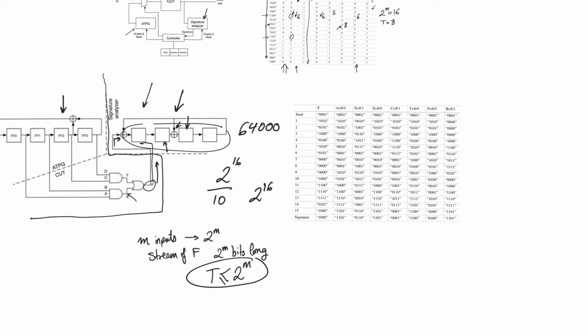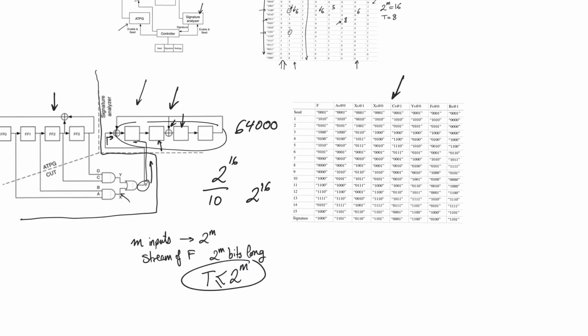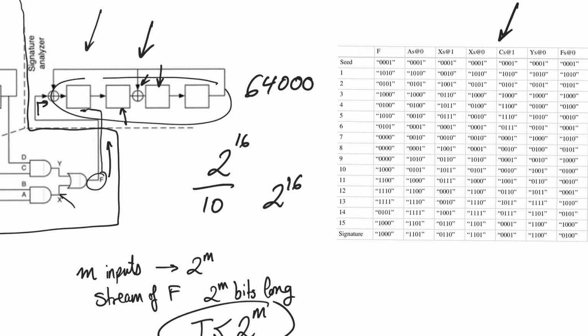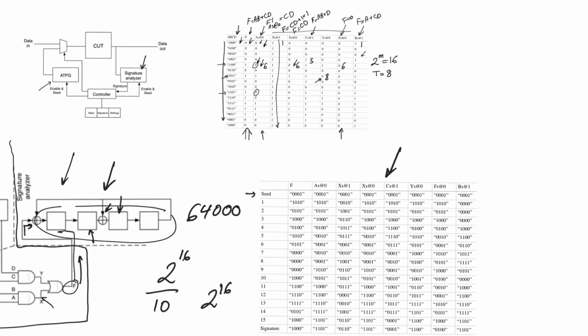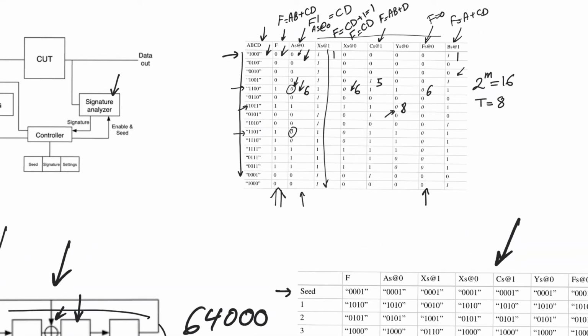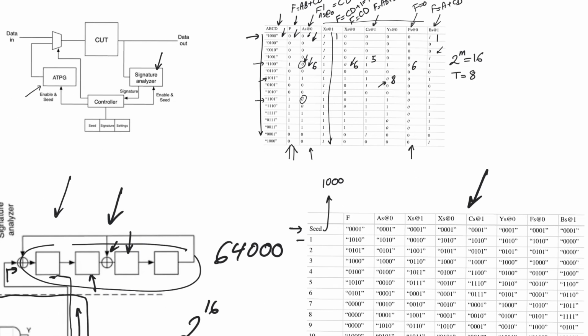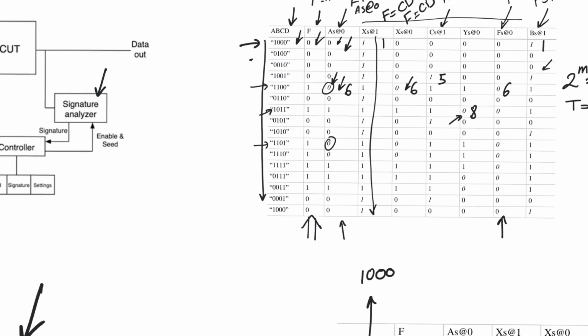Now we're going to draw a new truth table. This is a little bit more confusing than the first truth table, so bear with me. What we have in the first column here is the cycle starting from the seed. So basically we have the same sequence as in the original truth table, with the seed being the 1000 sequence, and every cycle counting from then on is a clock signal that follows it.